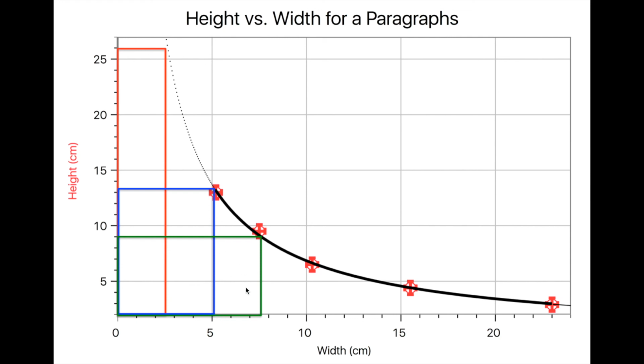And then here, the green one, we can see that this is also width times height. So each of these rectangles has the same area, and that's really another way of looking at why the curve has this shape.